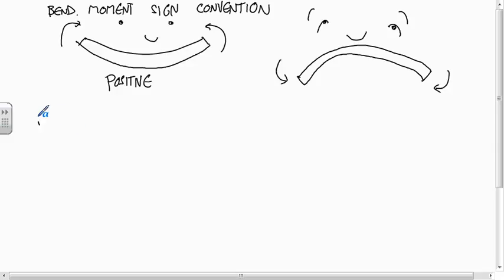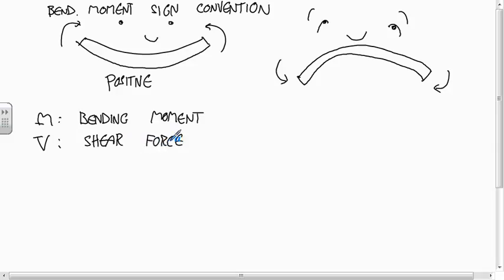Okay, so M is called the bending moment. V is called the shear force. And T is called the tension.